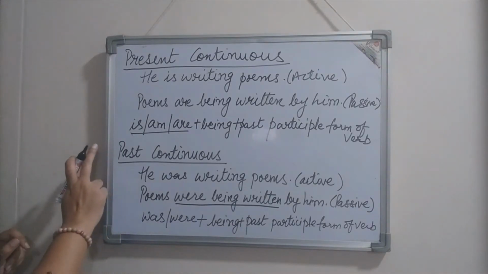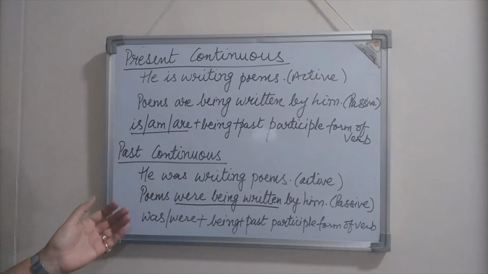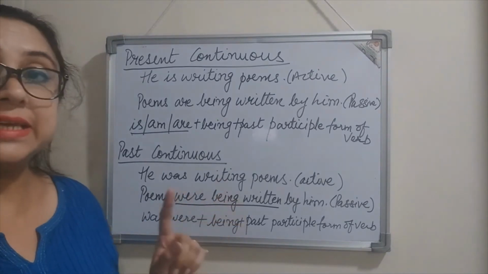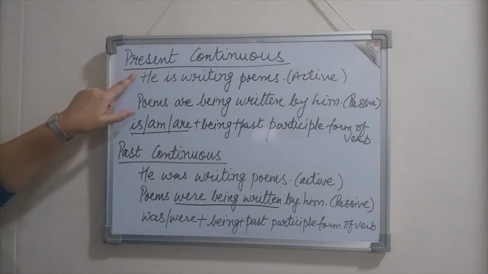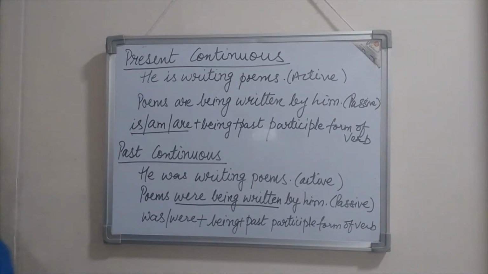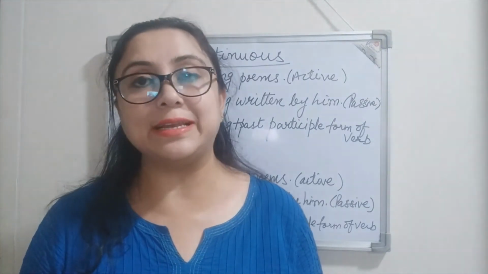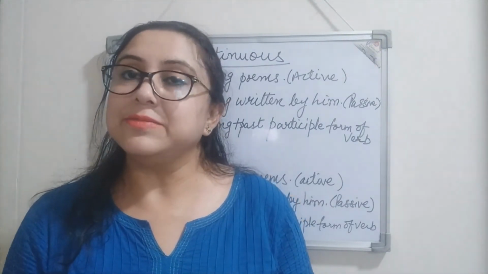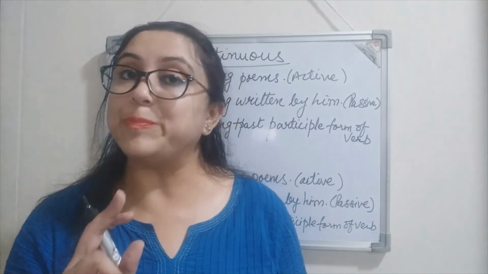So this is how we change active into passive voice if the verb here is in present continuous tense and here past continuous tense. Now let us proceed further, but before that let me tell you that the sentences cannot be expressed into passive voice.